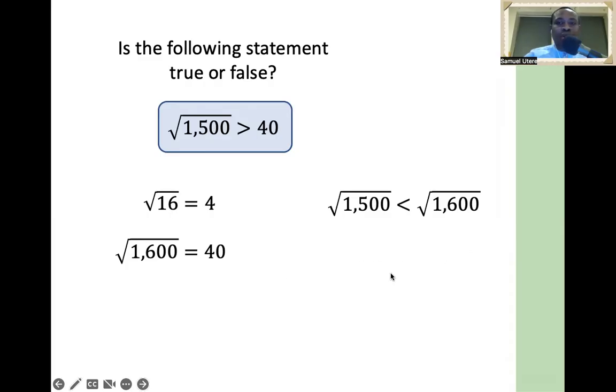So we know that that statement must be false, because the closest estimate that we could find is less than 1,500. So this is the correct statement. So that is false.